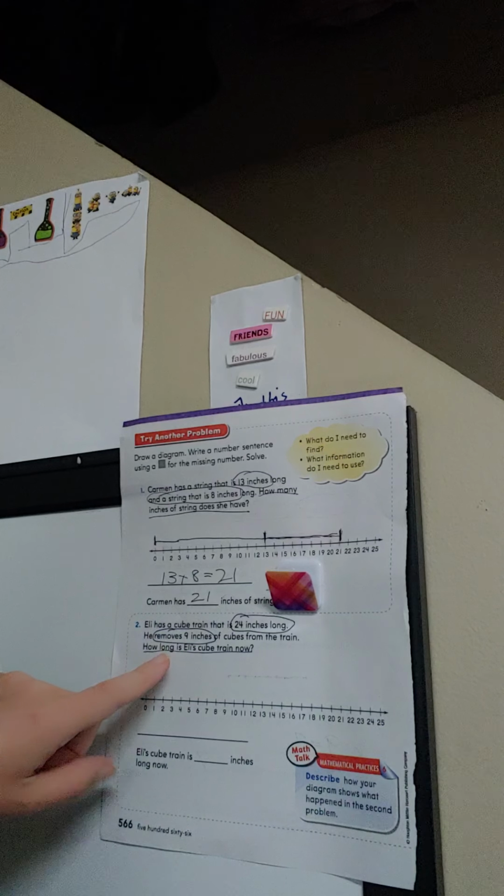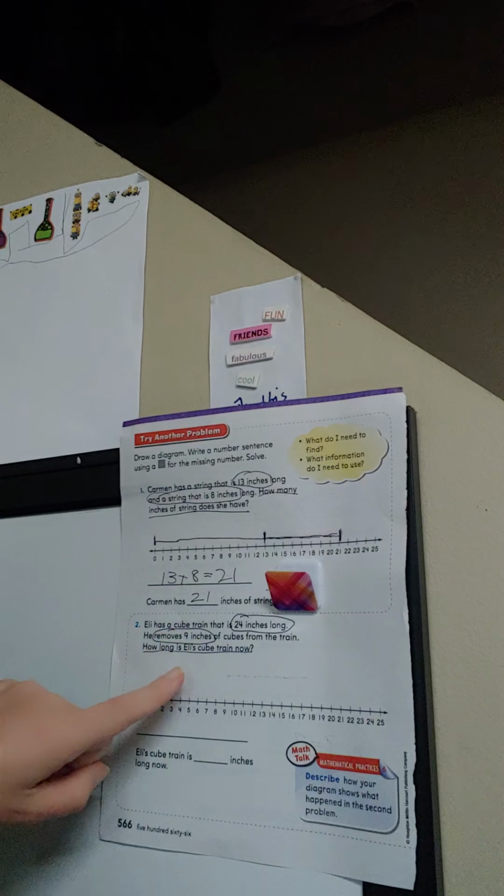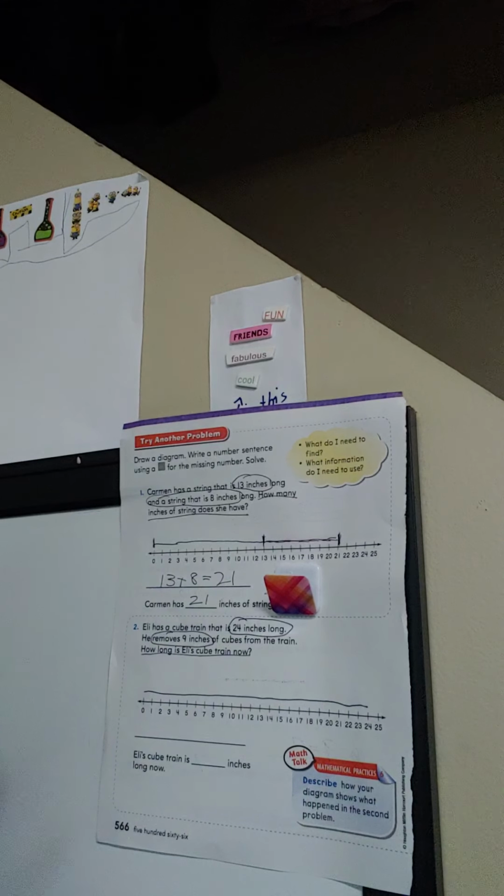So we know that it's 24 inches long. We know that he removes 9 inches. We need to find out how long it is now. So we're going to go ahead and draw from 0 all the way down to 24. We're going to pretend that this line is his cube train. Now we have to remove 9 inches of it.